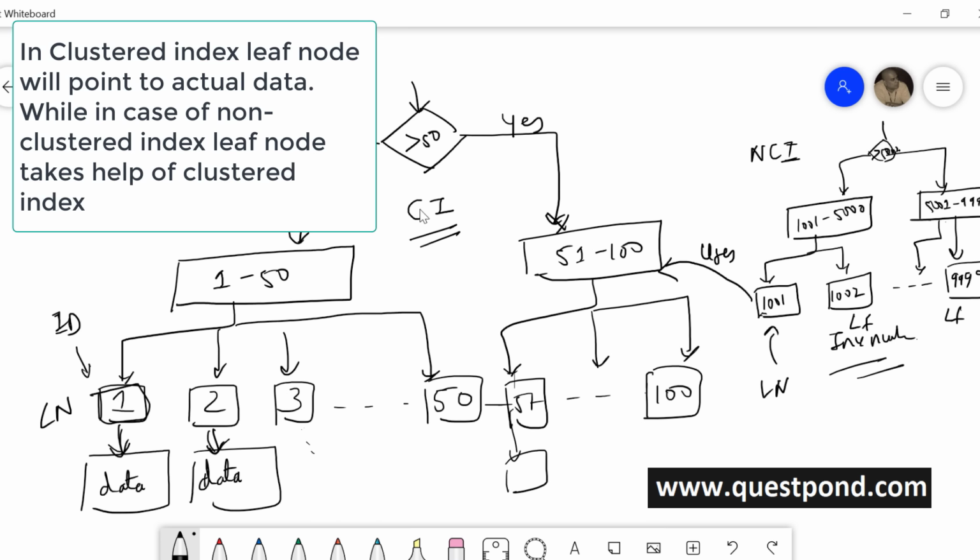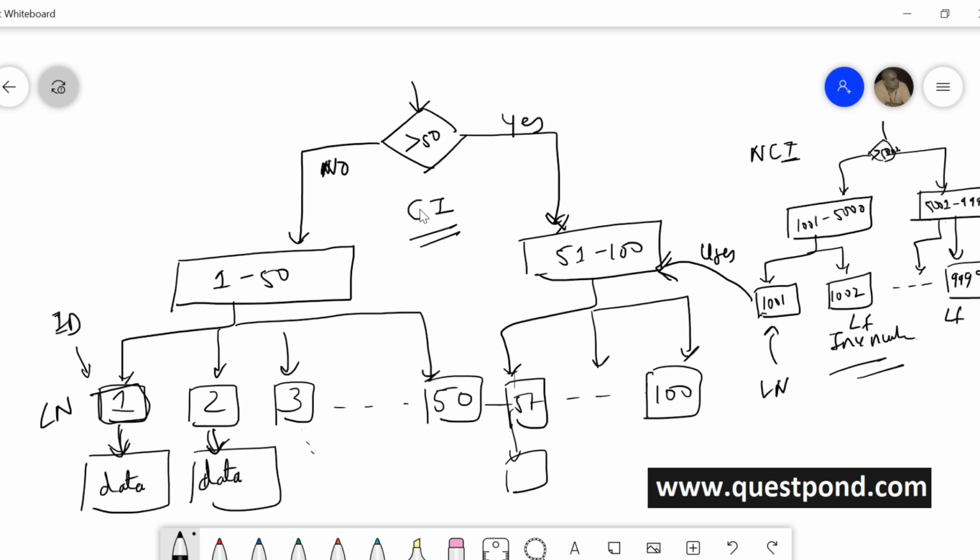In the case of a clustered index, the leaf node will point towards the actual data, but in the case of a non-clustered index, the leaf node will take help of the clustered index nodes later to locate the data. That's why you can have only one clustered index and many non-clustered indexes. Because in the case of a clustered index, you can point towards the data in only one way.